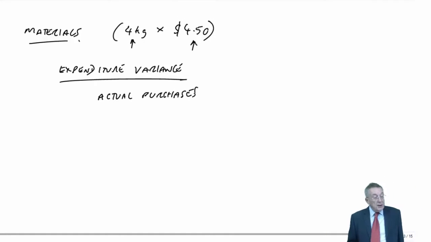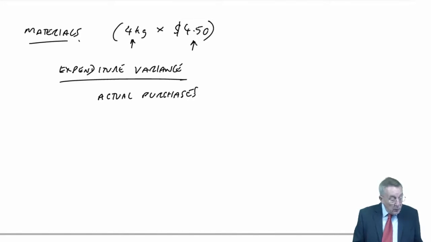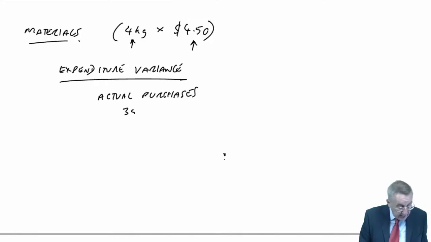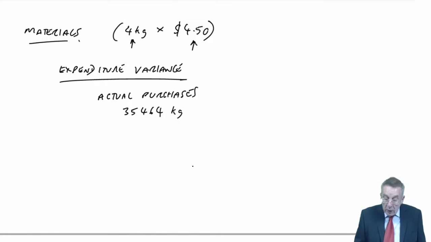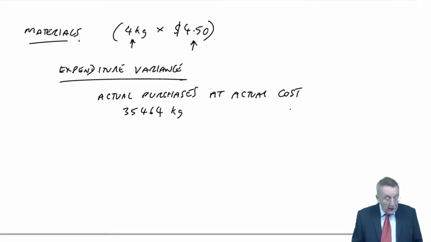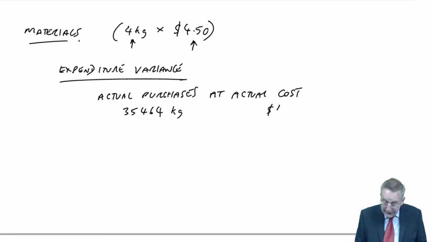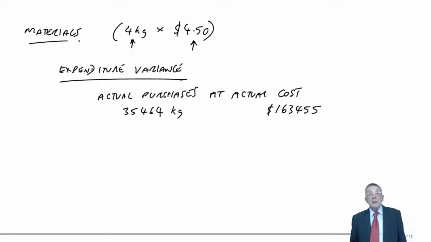Look at the question. If you look at the actual results, we actually bought 35,464 kilos. And for the minute, I don't care whether that's more or less than it should have been. That's what we bought. And we compare what we actually paid for it. Well, the actual cost, it's told us, is 163,455. So that's what we paid for them.